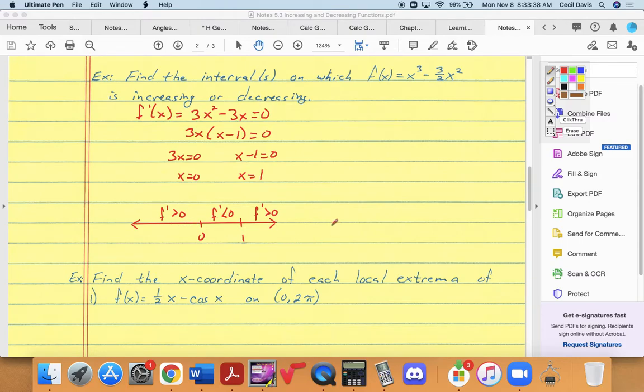Okay? So, f is increasing on the interval from negative infinity, oops, made that a closed interval, and you can't close negative infinity, to 0, and from 1 to infinity.